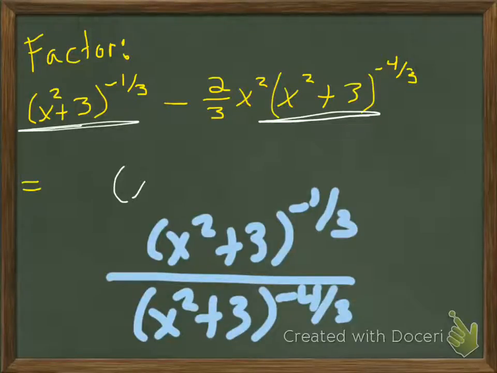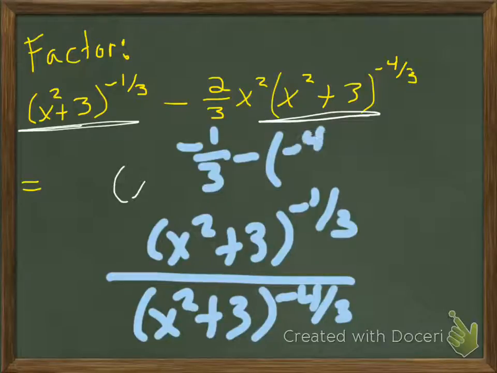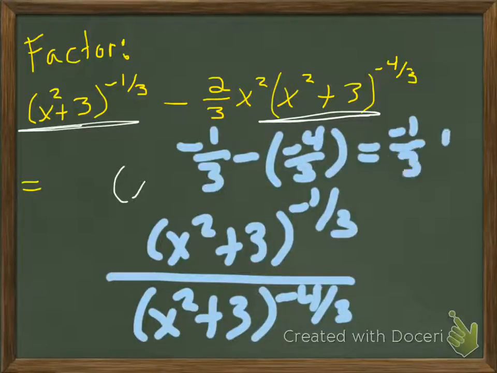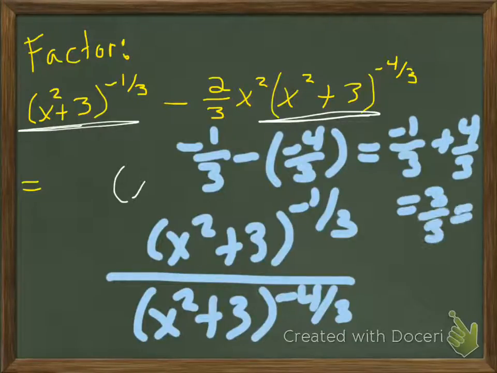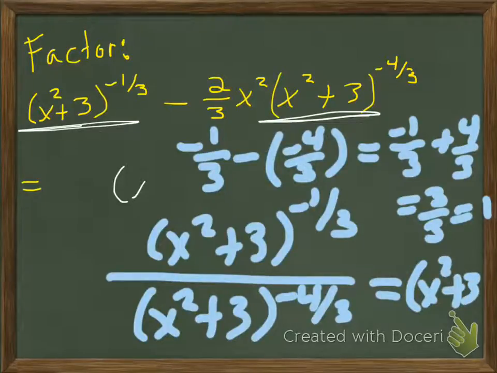What that's going to do is subtract the exponent. So negative 1/3 minus negative 4/3 gives us negative 1/3 plus 4/3, which is 3/3, which is 1. So this whole thing is just going to become (x squared plus 3) to the first power after we factor that out.